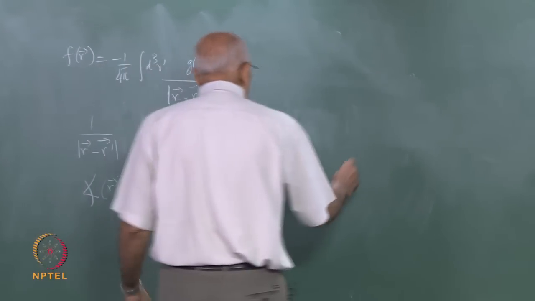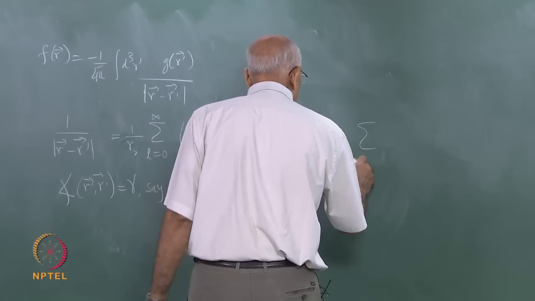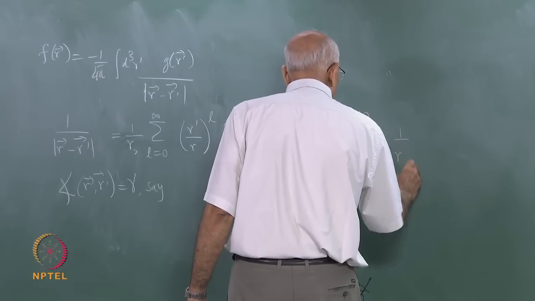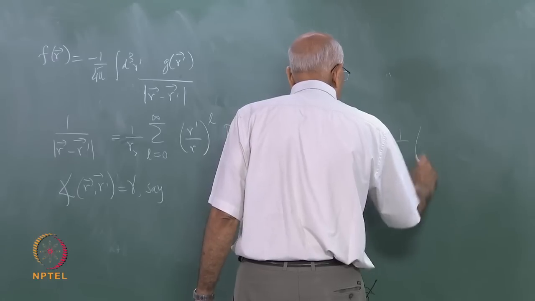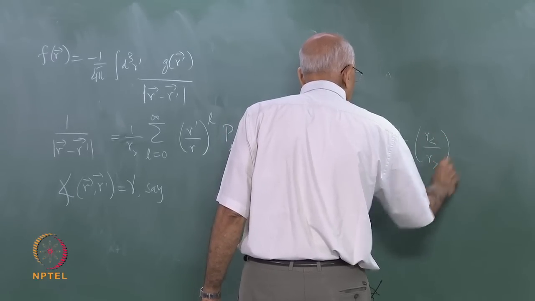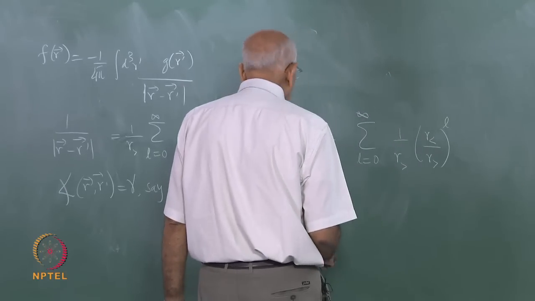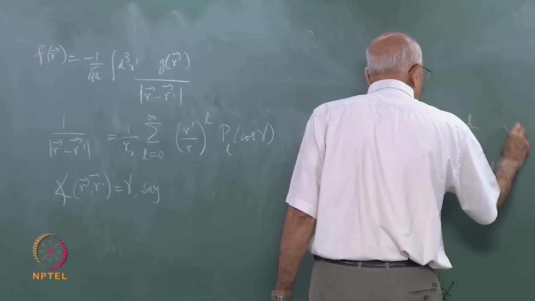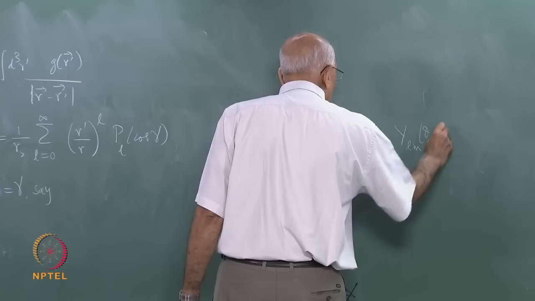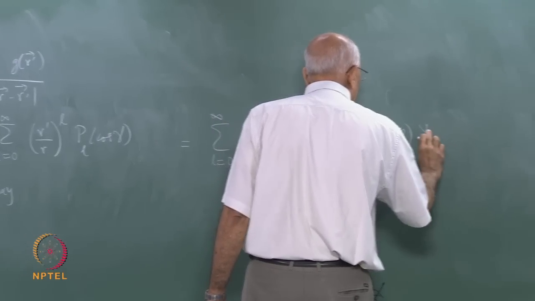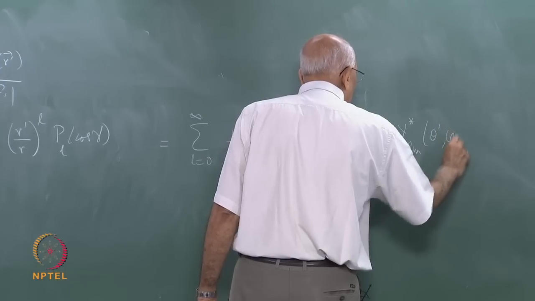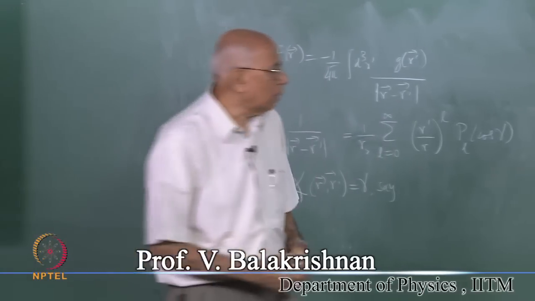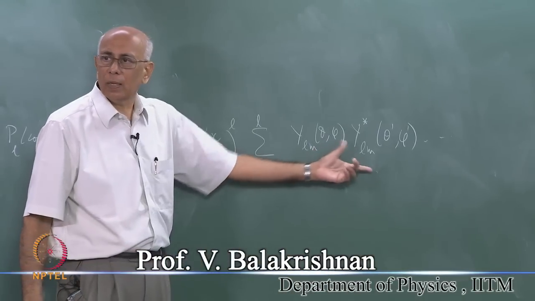And this expansion would look something like summation, I am not sure about the factors, but L equal to 0 to infinity, this part would be the same, r smaller over r greater to the power L, and then there is also a summation from m equal to minus L to L, Y_Lm of theta phi, Y_Lm star of theta prime phi prime, and so on, with some 2L plus 1 factors depending on how this is normalized. These are the spherical harmonics.